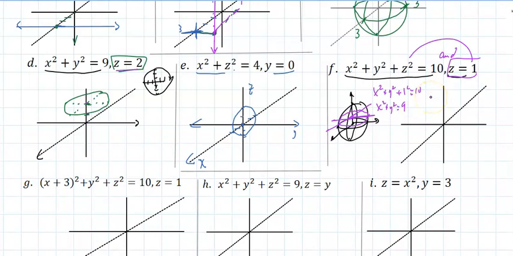I know how to do that. That's a circle, right, in the x, y plane, except z is fixed to be 1, kind of like this. You go up 1 unit, and you move 3 units to the right, 3 units to the left, 3 units backwards, forward, and this is really the intersection of those.